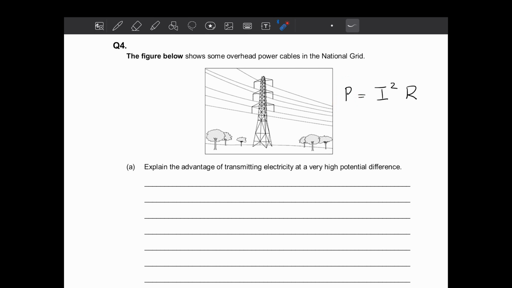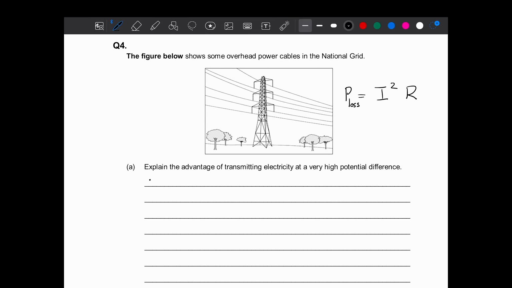This power is really the power that you are losing through those cables. So, logically, your cables will have a resistance, not much you can do about that, but logically, you want to lose as little power as possible, so you want a really low current. And that's why we're using a high potential difference.